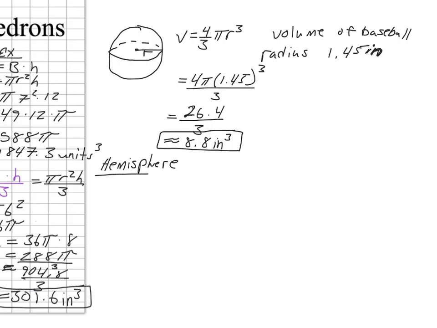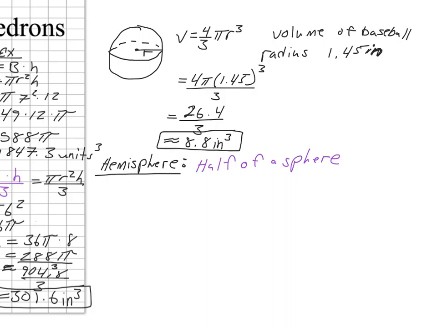When somebody says hemisphere, most people think of the Earth, the top or the bottom half of the Earth. That's really what you can think of when you think of a hemisphere. It is half of a sphere. So if I cut a baseball in half, that is a hemisphere.